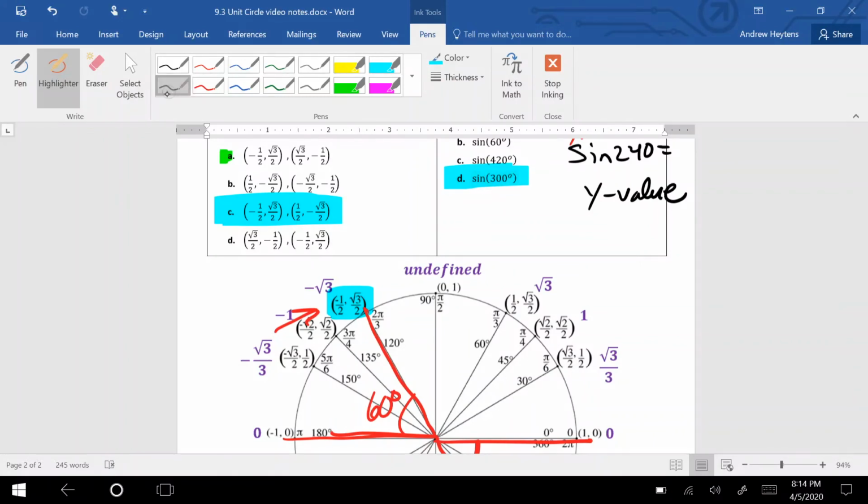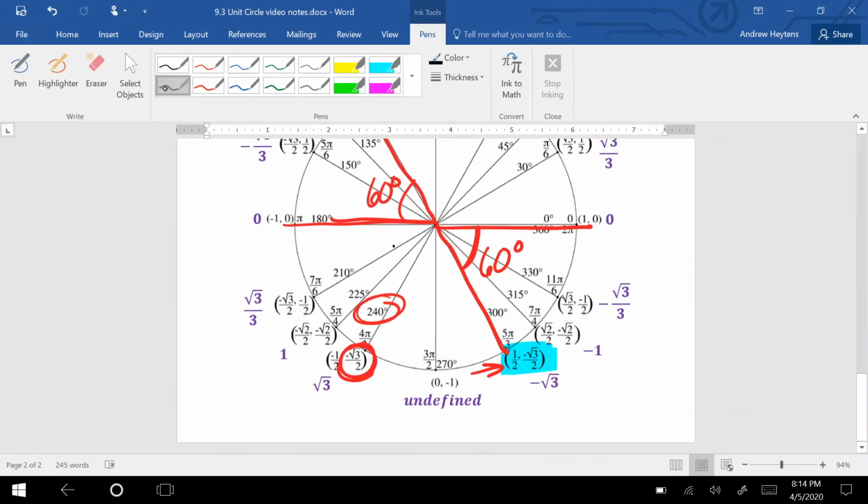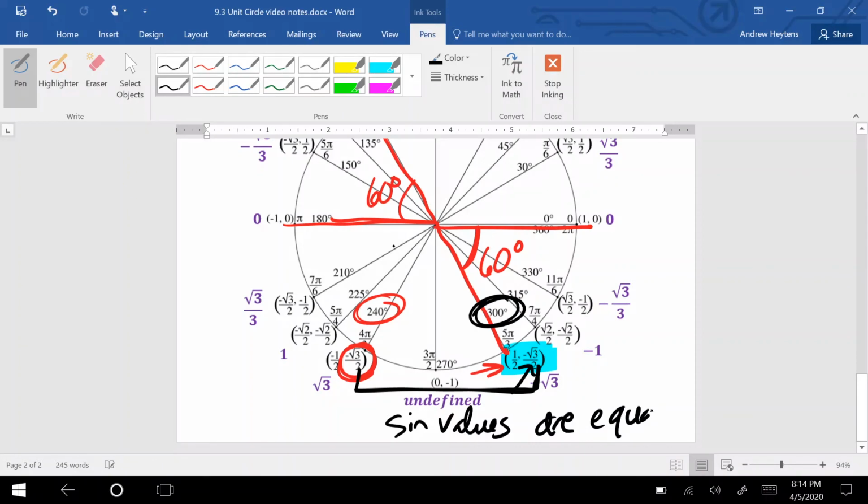So if you follow that same procedure and go to 300 degrees, 300 degrees is right here. Your y coordinate is negative square root of 3 over 2 at 300 degrees. So therefore, these two y coordinates are the same, which means the sine values are equal.